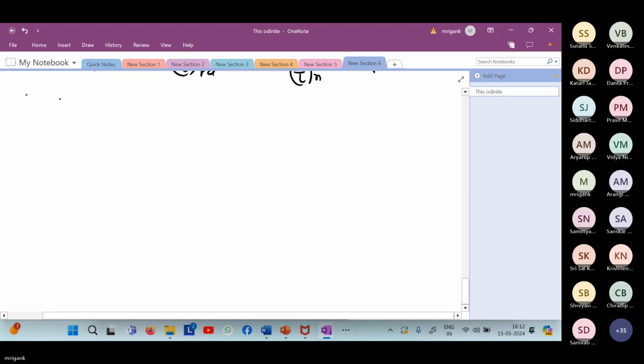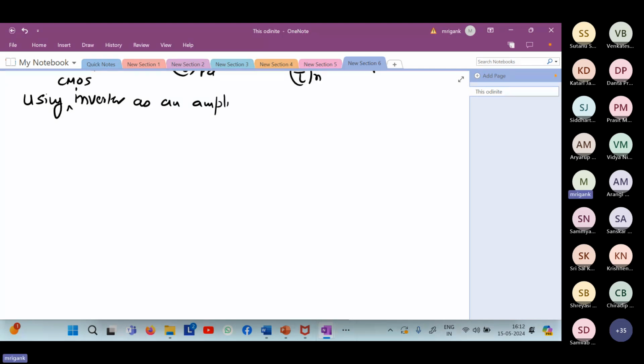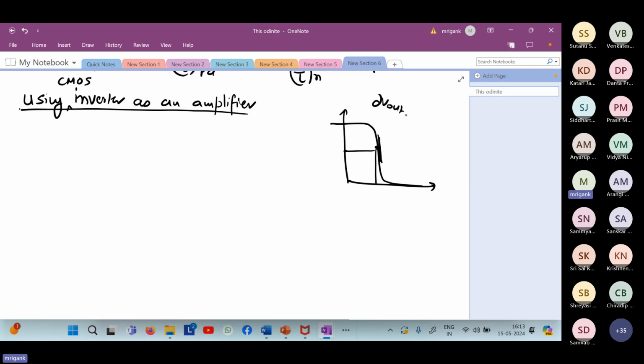So, using the CMOS inverter as an amplifier. This is something I discussed in the beginning: if I bias the inverter in the high gain region, then the slope del V out by del V in is maximum, and as a result, you will get amplifier operation.